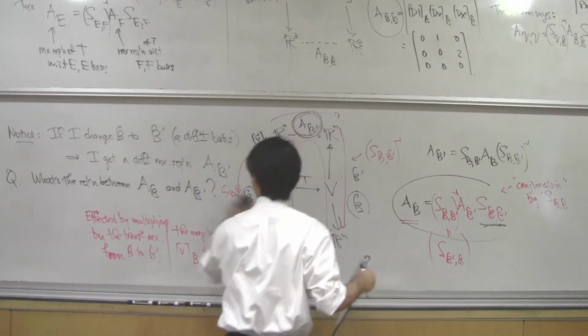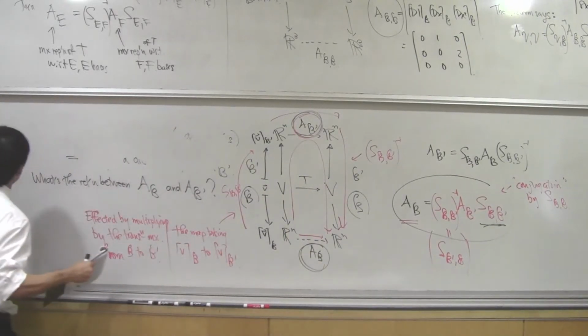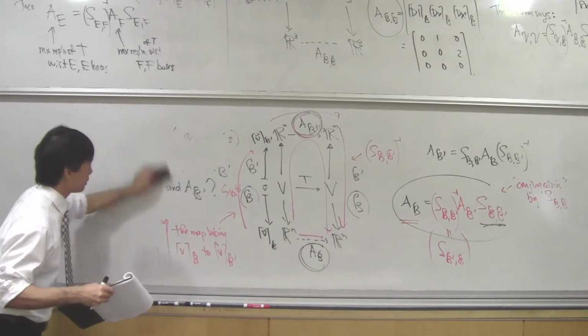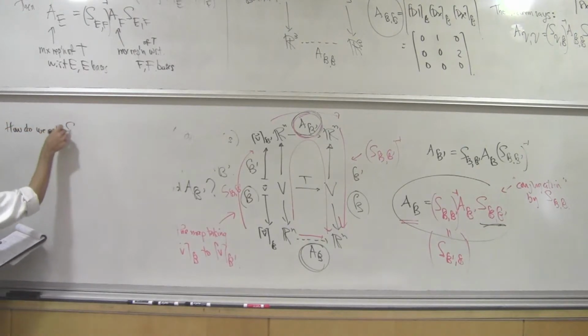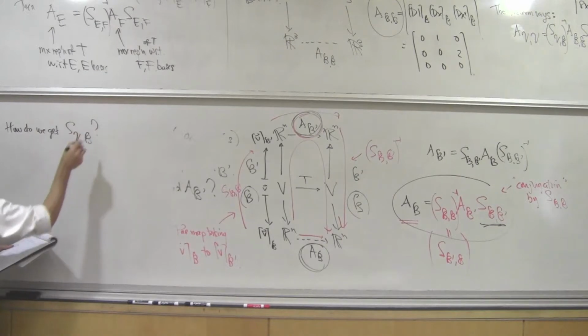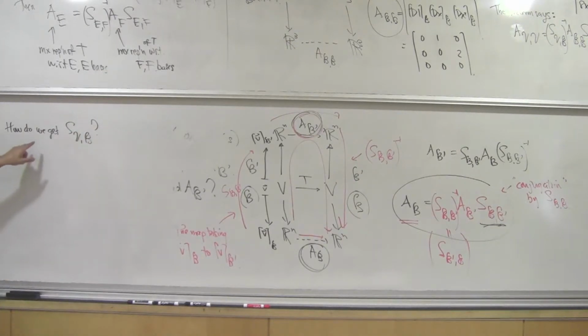So we can check it. So just for practice, let's recall, how do we get S_VB? Well, you take each element of V, right?